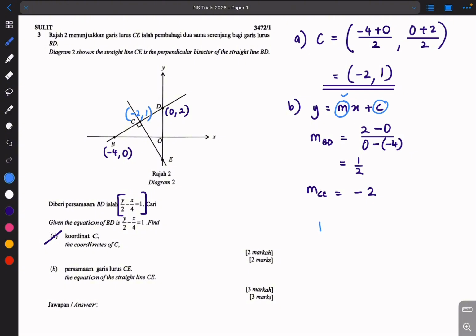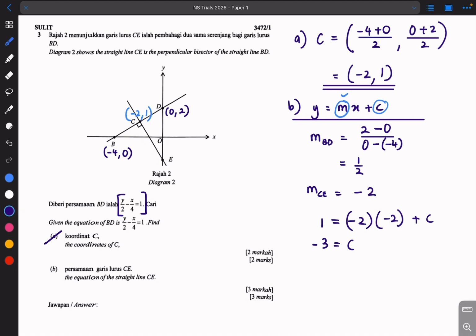So we sub it into our equation. Y is 1. M is 2. X is -2, plus c. Basically I'm subbing into this equation. So 2 times -2 is -4. 1 plus 4 is 5.